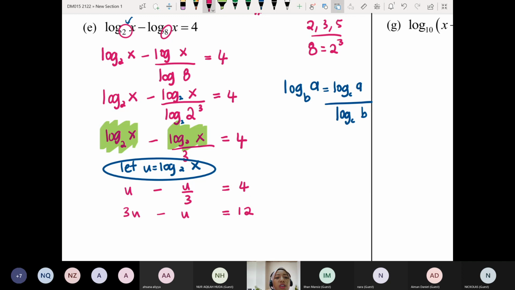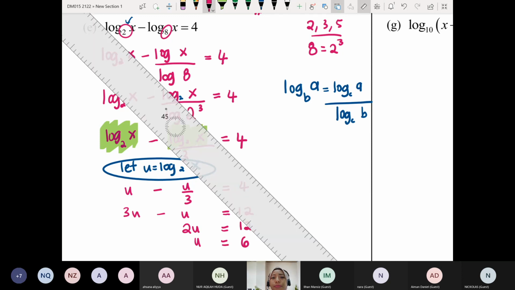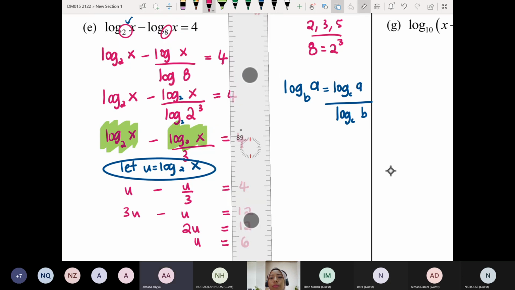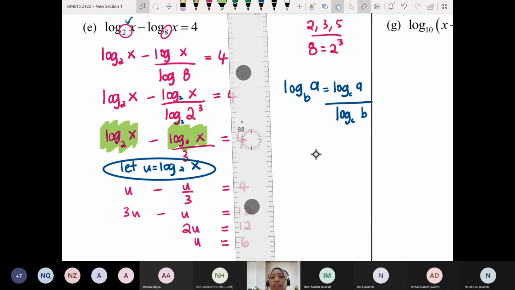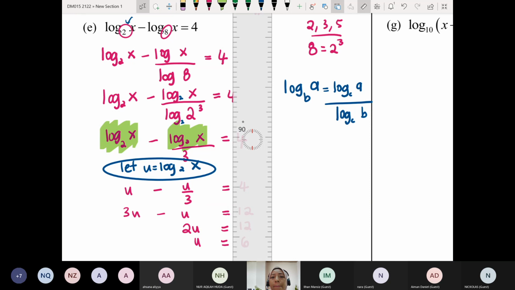So now 3u minus u, 2u, 12. U is 6. Okay, what is your U? Log X base 2. So your U adalah 6.